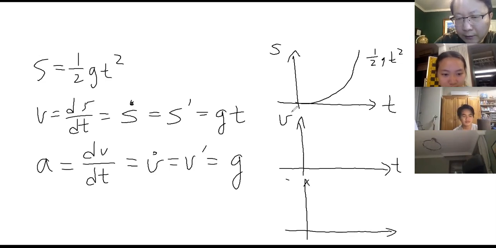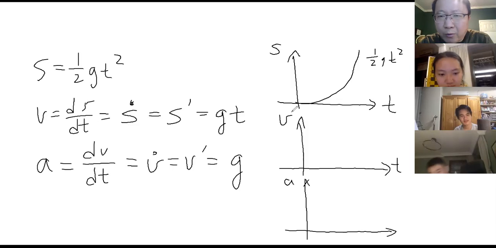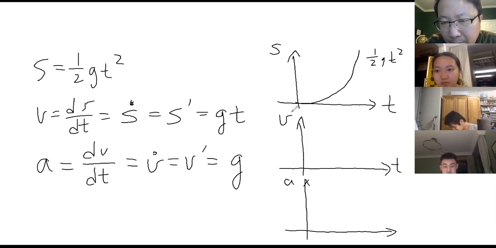This is acceleration. So what is velocity from the graphing point of view? Remember we were doing delta t, and we were doing some change here, delta s, right?